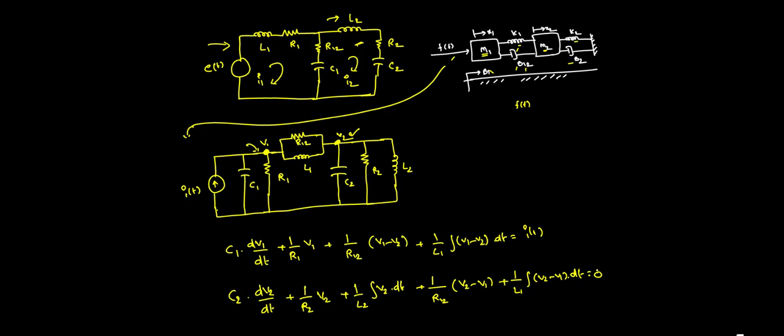So that is how you can draw both the force voltage and force current analogies for the given circuits. This is how you can draw the force voltage analogous circuit and force current analogous circuit for the given mechanical system. So now you have studied the translational mechanical system into force voltage and force current, and all those things you have clearly understood.